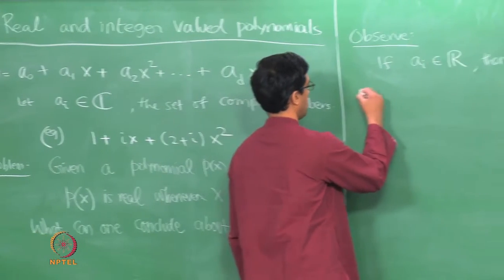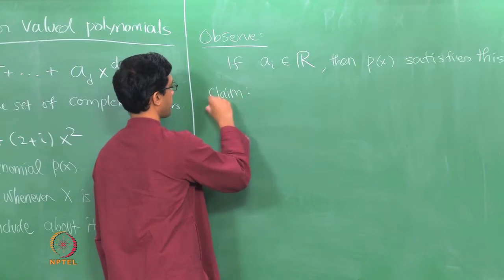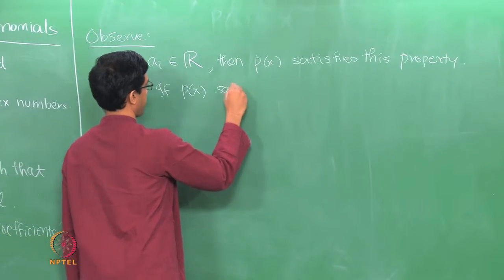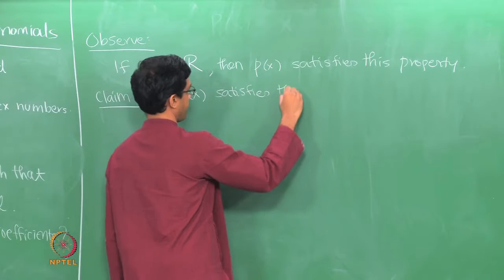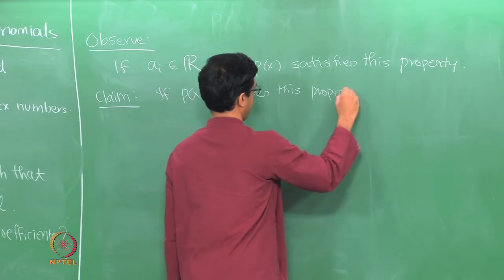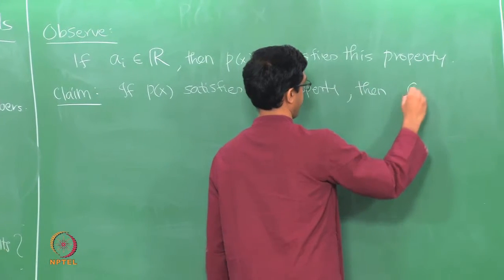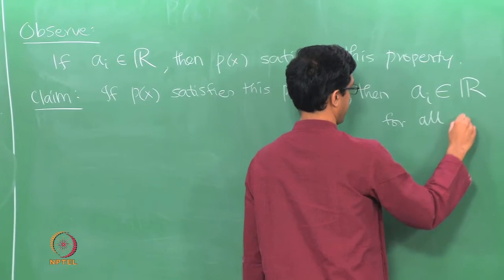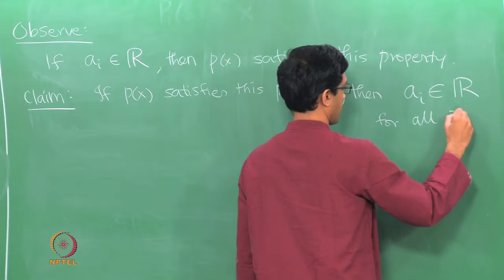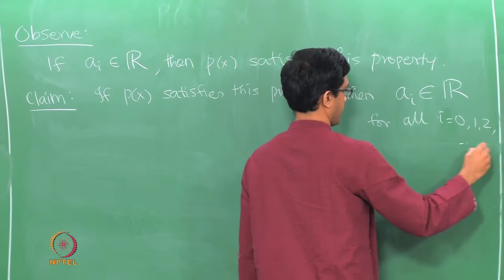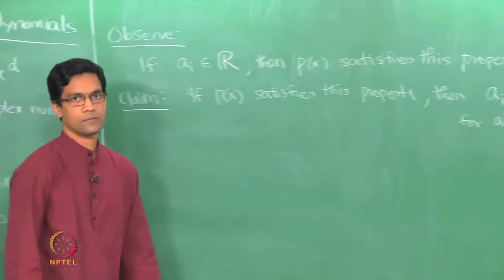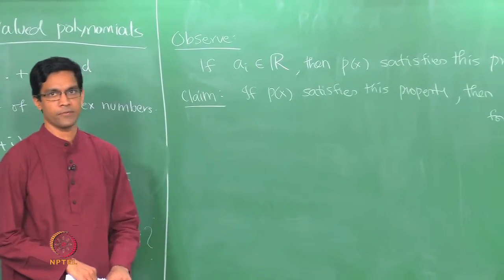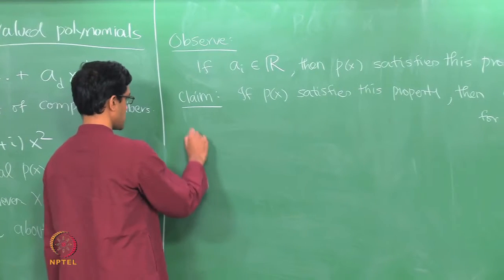So here is the claim: in fact the converse is true, that if p of x has this property, then the coefficients have to be real numbers, there is no other way out. Let us try and prove this. The proof itself is rather easy.